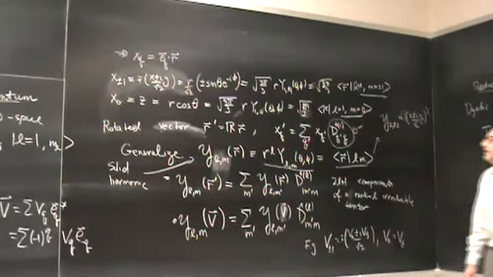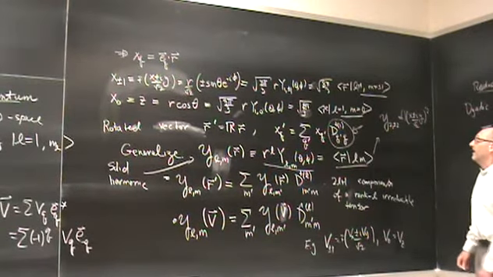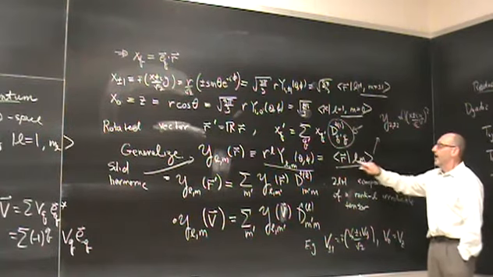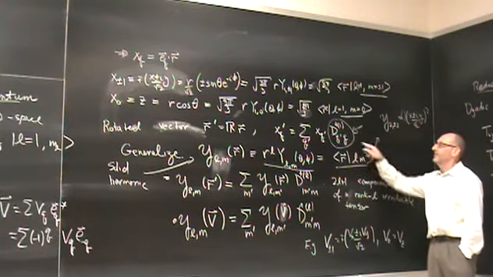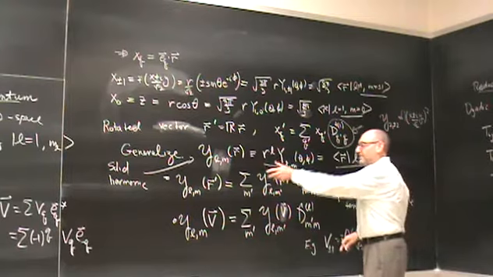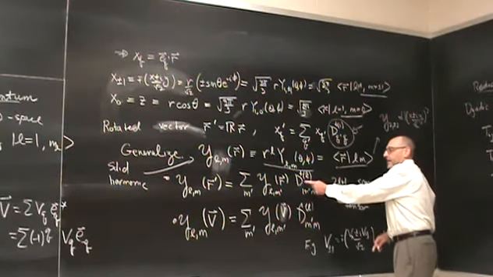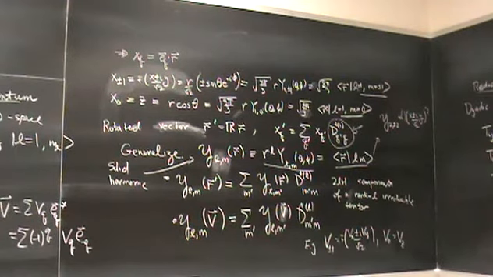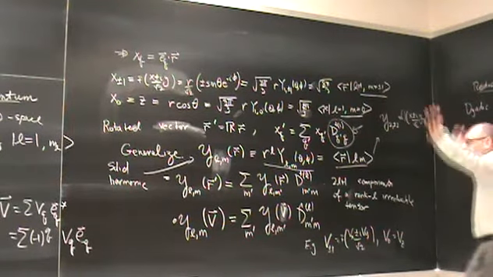transform like rotation matrices acting on the Hilbert space that is of dimension 2L plus 1. And that transformation is given by the irrep of that rotation matrix for that spin L. Okay? And I can generalize it even further.